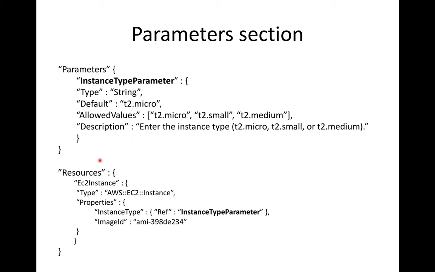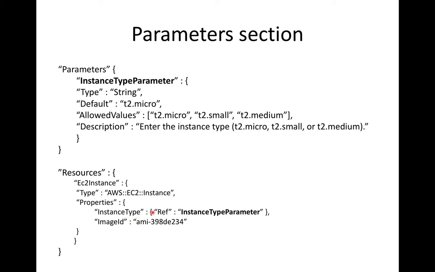And then later on in the resources section of our document, we haven't gotten to the resources section yet, but I just wanted to show you how this parameter might be used. In the resources section, here I'm defining a new resource called an EC2 instance. And in the properties of that instance, I'm describing the instance type, which you know from working with EC2, there's all kinds of instance types. We oftentimes use T2 micros, but then there's like M4 and M5 and C4 and R3s and all kinds of different instances.